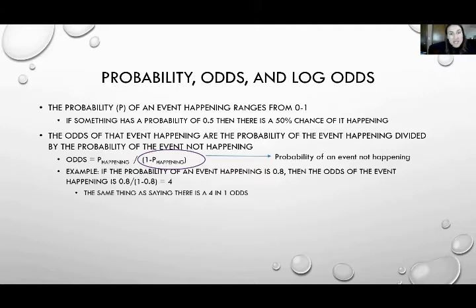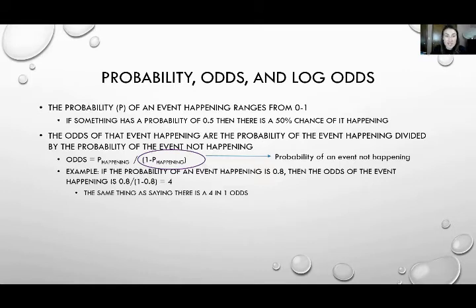And one nice thing about calculating the odds is that now it's turned your response variable. It's not just going from 0 to 1 any longer. Now these odds could go from positive to negative infinity.